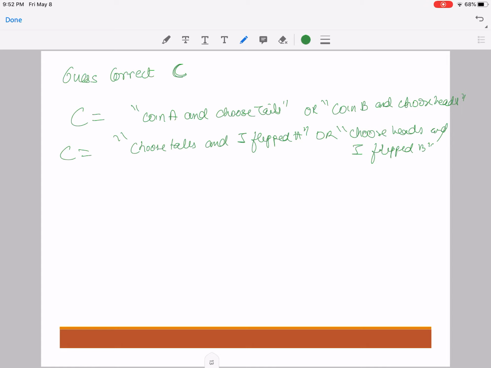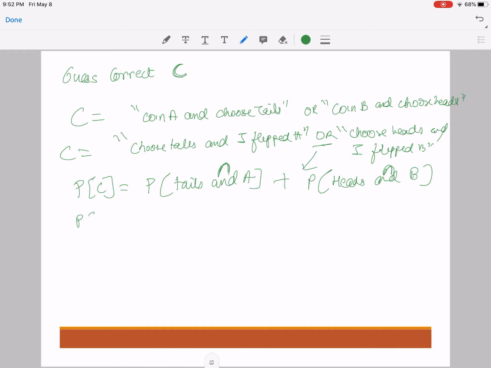So the probability of a correct guess will be equal to probability of tails and A, plus, or translates to a plus, probability of heads and B, and translates to intersection.